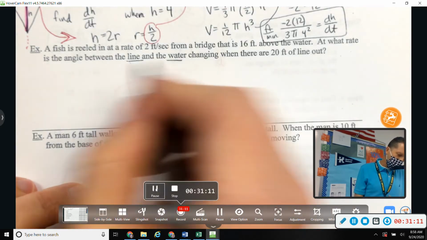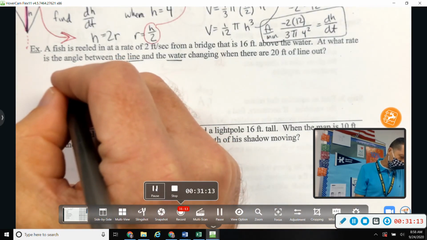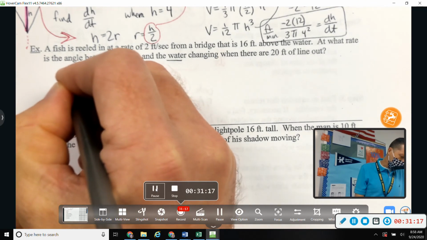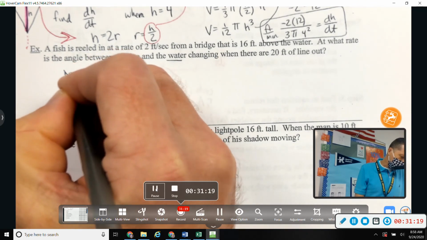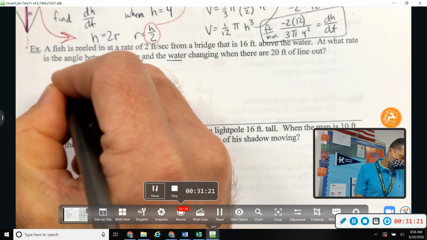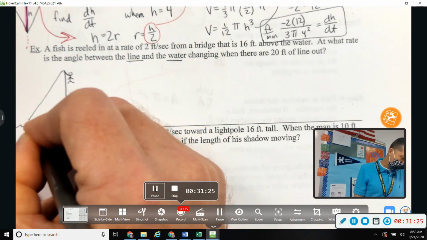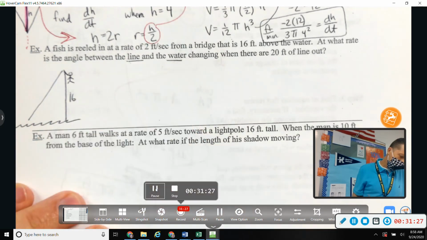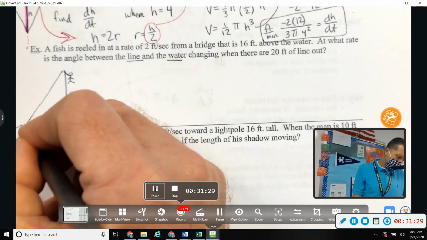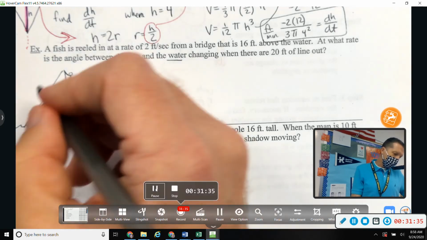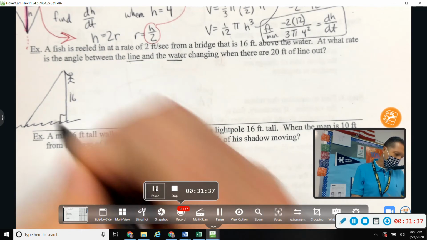A bridge that is 16 feet above the water. So here's the dude with the fishing pole. And the line is out here in the water. A fish is reeled in. So I think this is looking like a right triangle problem to me.